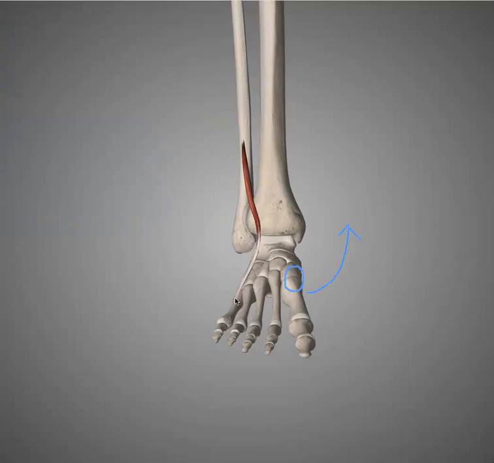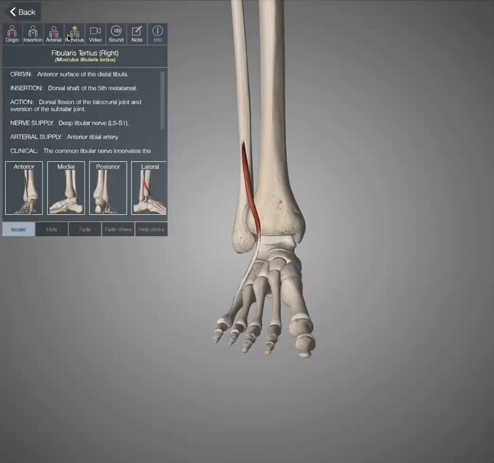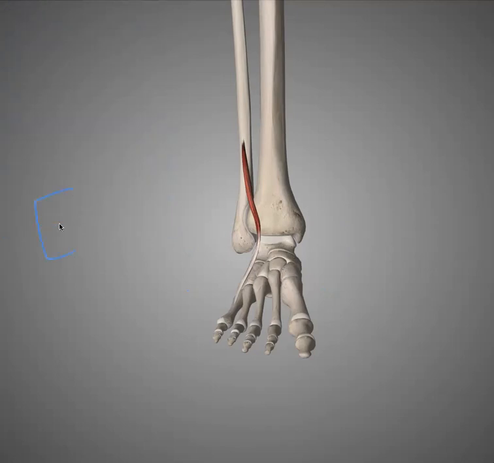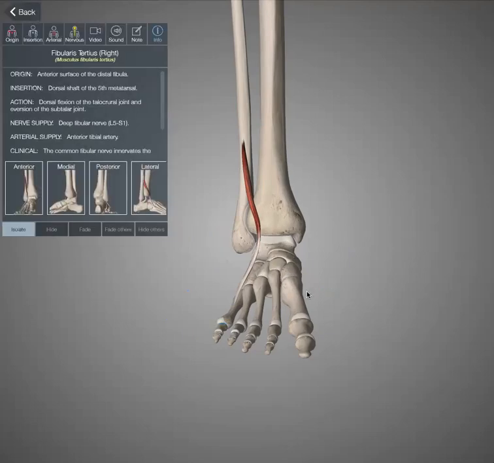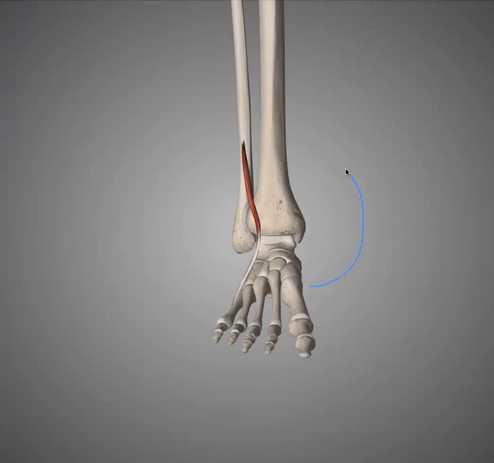This muscle, because it's attached on the other side of the foot, causes eversion. This movement is basically like that. The other one is the same, but the opposite. It's called inversion.